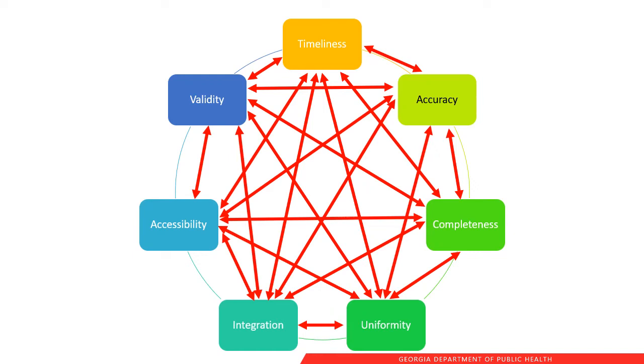But if you focus on everything but timeliness, then the data is not very actionable. It's not very useful. So we really have to focus on all of these at the same time. You can't have one at the expense of the others, or 2 or 3 at the expense of 1 or 2 of them, right? It's not helpful unless we focus on all of these at the same time when we're talking about data collection by our medics.